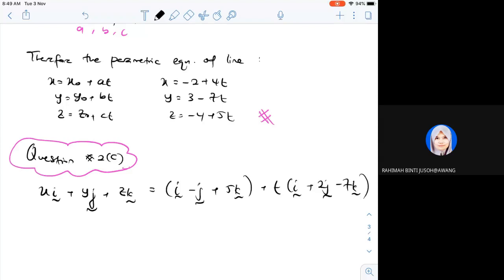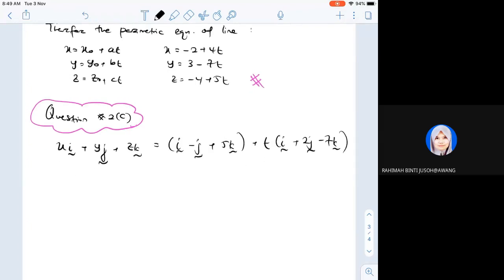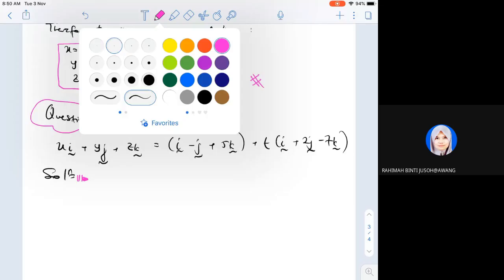All right. If we rewrite these equations in parametric equations, guys, okay, solution. I want to rewrite these equations in parametric form like the one above. So let's do this together.